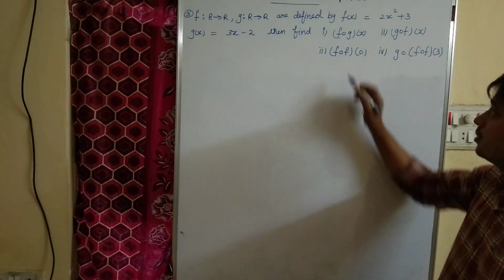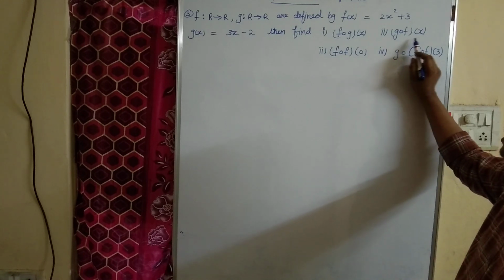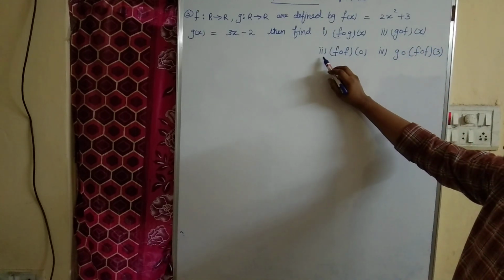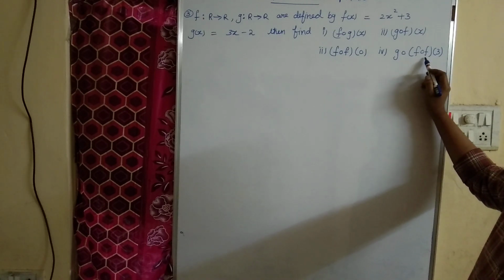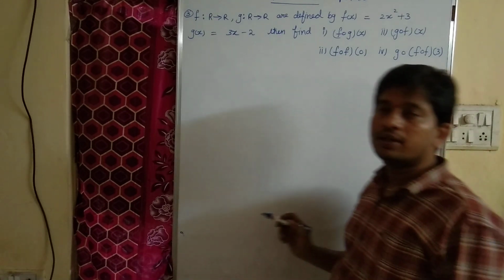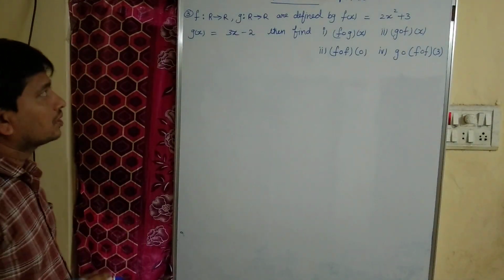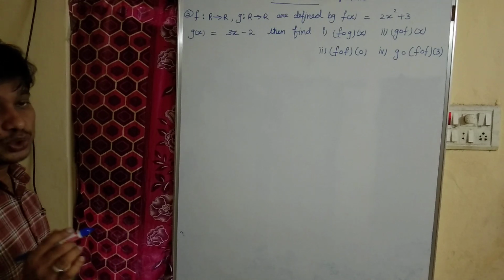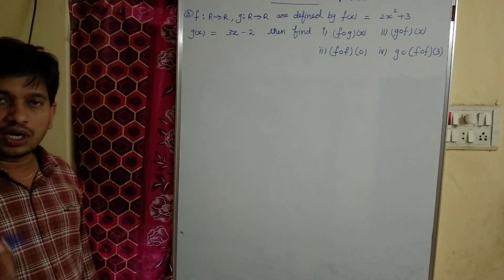Then find f circle g of x and g circle f of x, f circle f of 0, g circle f of 3. They are asking to find this type of problem. Okay, f maps R to R and g maps also R to R.